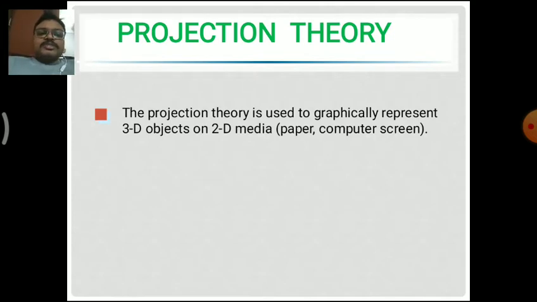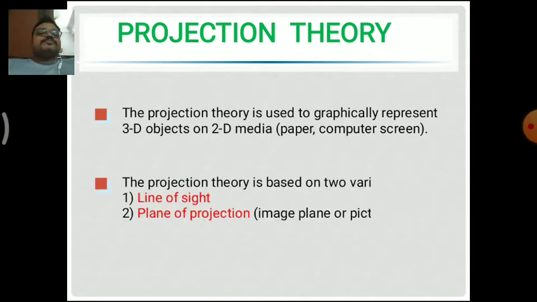The computer screen is based on computer drawing only, for which we can use different types of software, such as AutoCAD, ANSYS, CATIA. By using those software we use the computer screen.